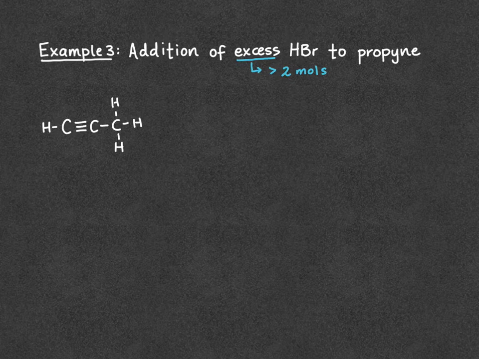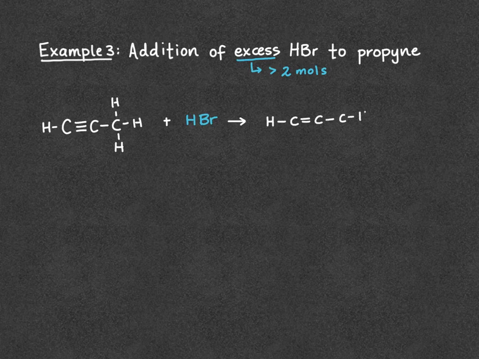We're going to add our HBr one at a time because it's going to be quite involved to figure out how many different products we can form. So our first addition of HBr, I'm going to do in blue, so HBr. There are 2 possible products that we can form. One product is going to be putting the hydrogen on the terminal carbon, so HC double bond C. So with the addition of only one mole of HBr, we don't get rid of the triple bond, just one of the bonds, so we still have a double bond left.